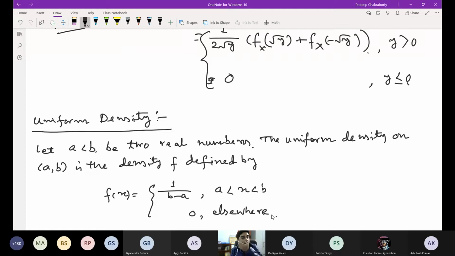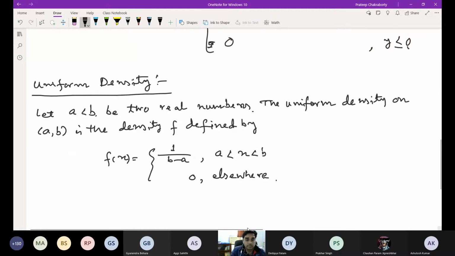First, you tell me why is this a density function? Anyone tell me why this is a density function? Gattipati Lassia, you tell me. You are not here. Ushab Kumar Patel.